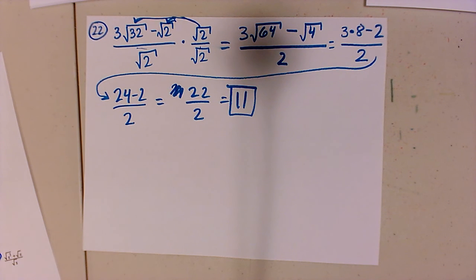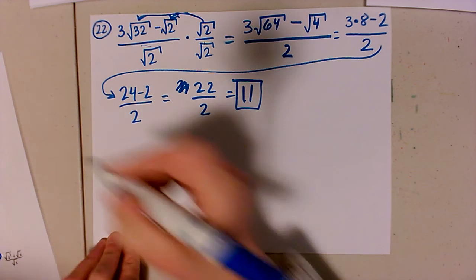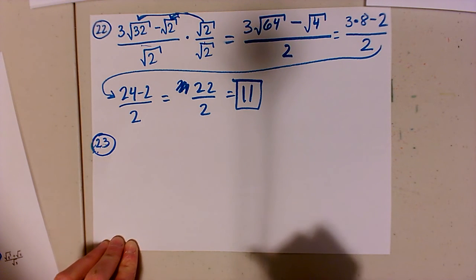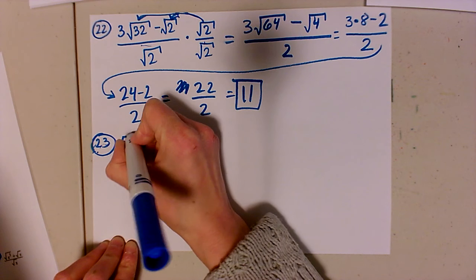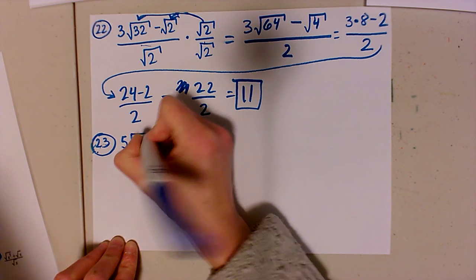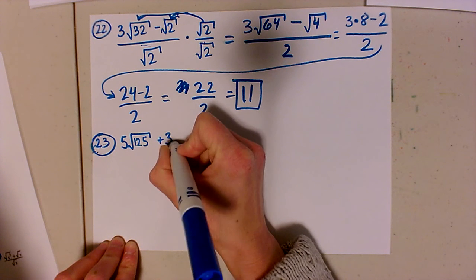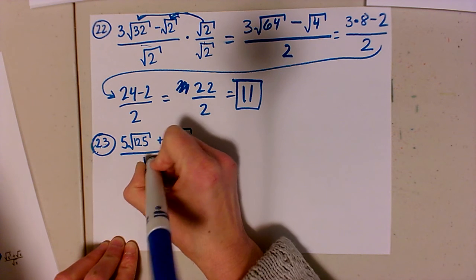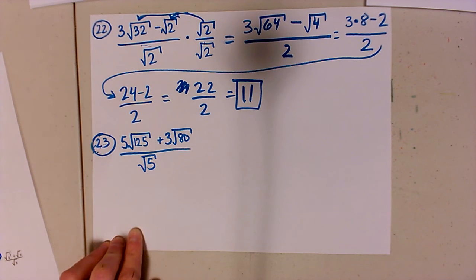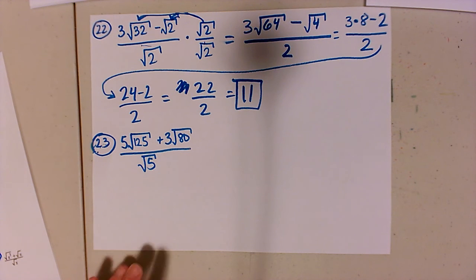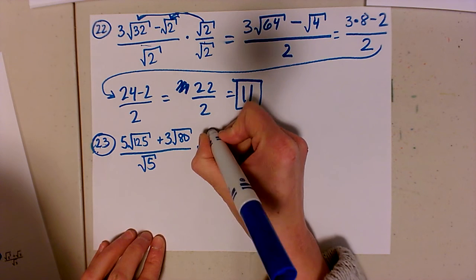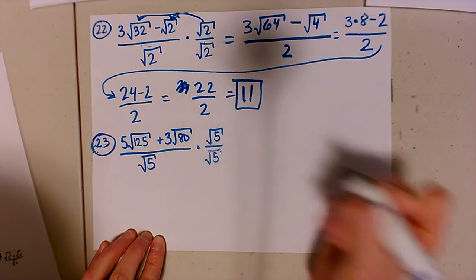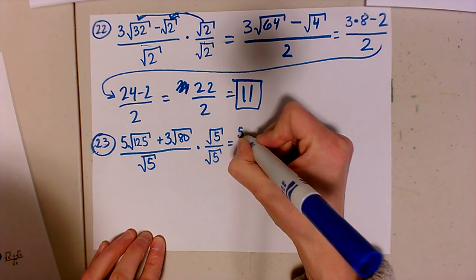Alright, let's go on to 23, which could have a similar process. So we have 5 times root 125 plus 3 root 80 all over root 5, right? So the problem is the root 5 in the denominator. So we'll multiply by root 5 over root 5, okay?